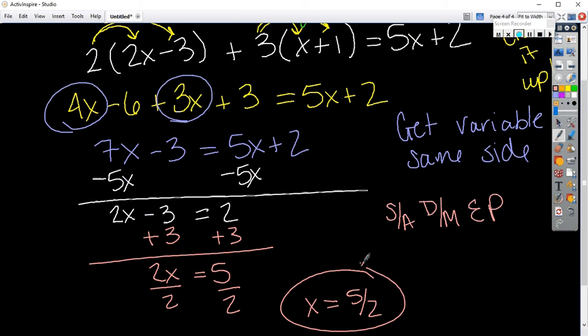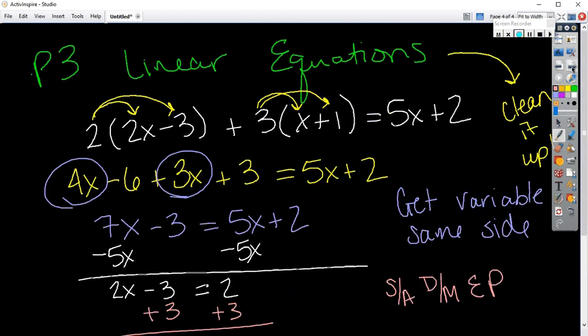How might you check to make sure that's the right answer? Plug it back in. If it equals itself, then yes, it's the correct answer. Well, then let's kick it up from algebra 1. Let's make it a slightly harder one and see what happens.